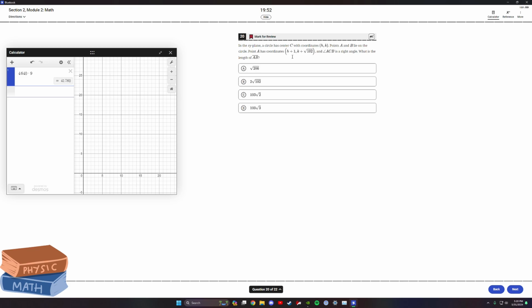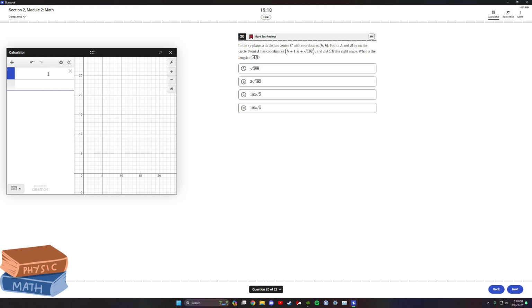So we went right 1, and then we went up 102. And ACB is a right angle. They want that length. So if that's the center, then we are 1 bigger, and that's the center, we're up there. I need a piece of paper for this.